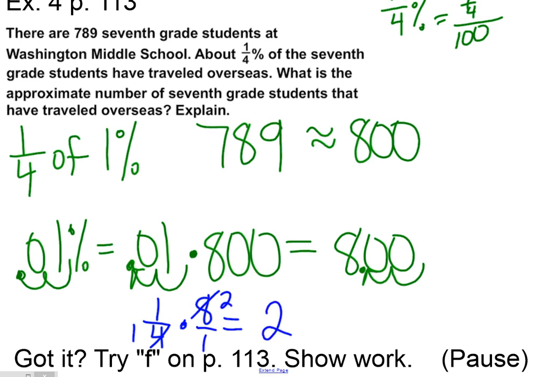And that gives you 2. So out of 800 students, approximately only 2 7th graders have traveled overseas. Okay, and I'll let you write out that complete sentence. I'm out of space. But right now, I want you to try F on page 113. Pause the video so you have time to work that out.